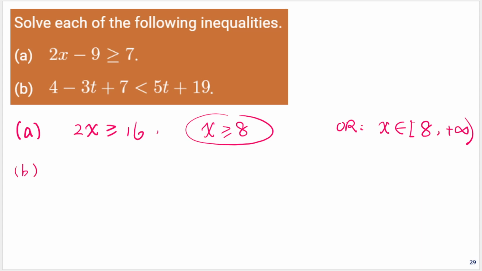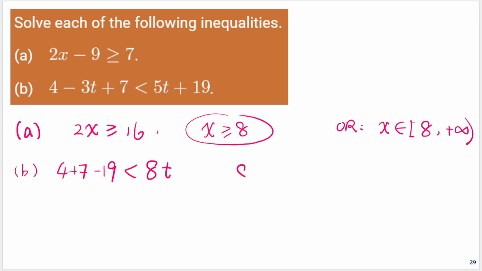For the second question, again, separate the unknown variable t and the constants. So we can move negative 3t to the other side because, personally, I don't like negative numbers as a coefficient. So we could simply move negative 3t to the right side. That becomes 8t, right? Larger than 4 plus 7 minus 19.